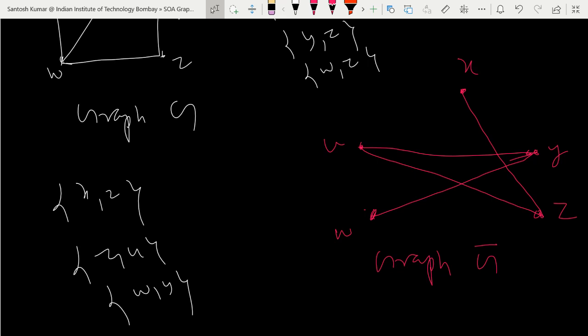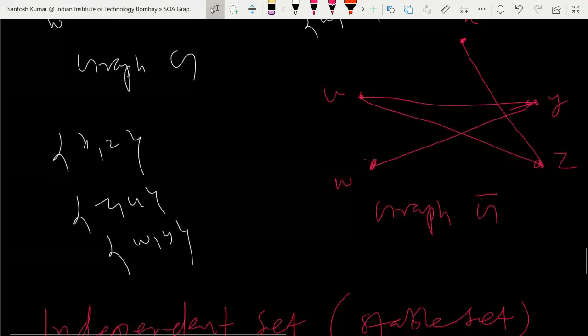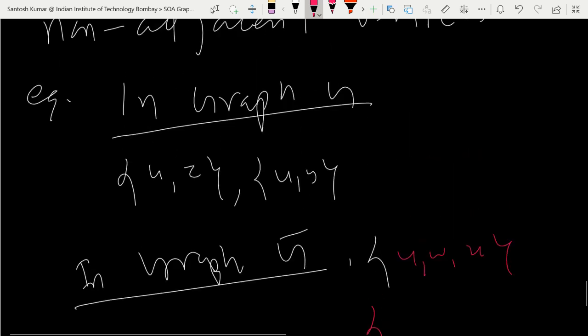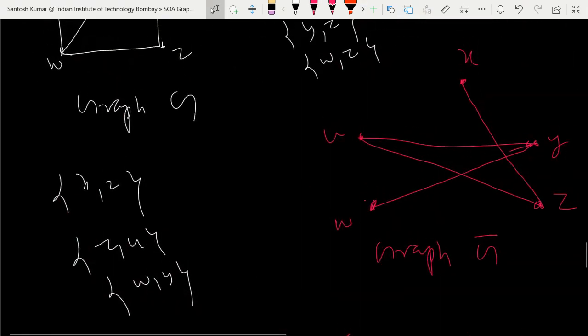So UWX, if you write, is it fine? UX has no edge, UW has no edge, WX has no edge. So UWX you can write, isn't it? Yes, UWX, they are pairwise non-adjacent. Or you can write YZW also? No, sorry, YW has an edge. So non-adjacent you want to write.